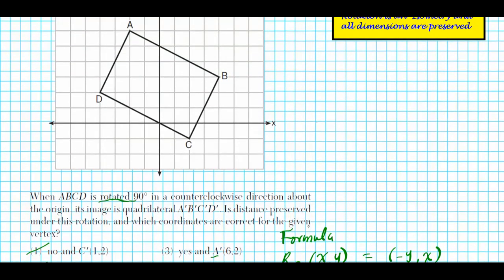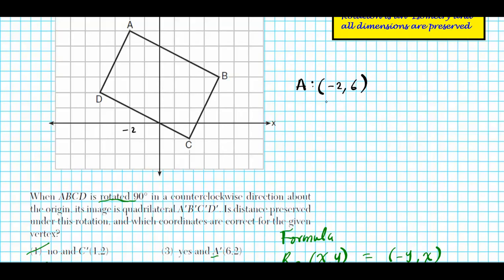Point A, the vertex A, has coordinates, let's see, negative 2, comma 6. You go over 1, 2, negative 2, and then you go up 1, 2, 3, 4, 5, 6.